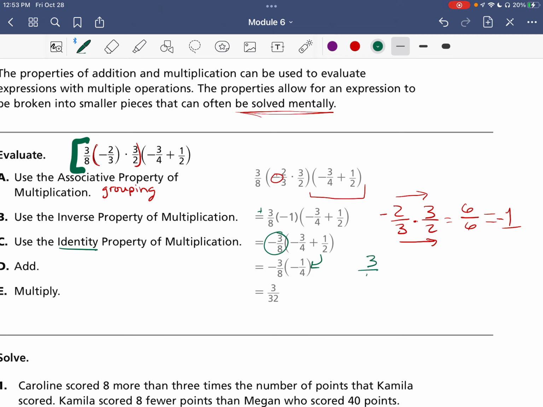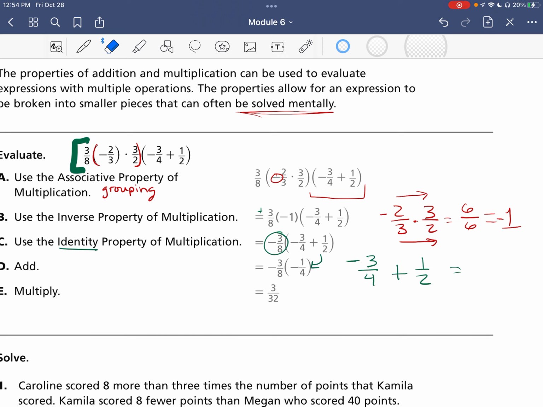We have -3/4 plus 1/2. And it's really important to remember our negatives there because that'll make a difference. If we were just adding those together, that would be 1 and 1/4. But this is negative, so we're actually starting to the left on our number line.